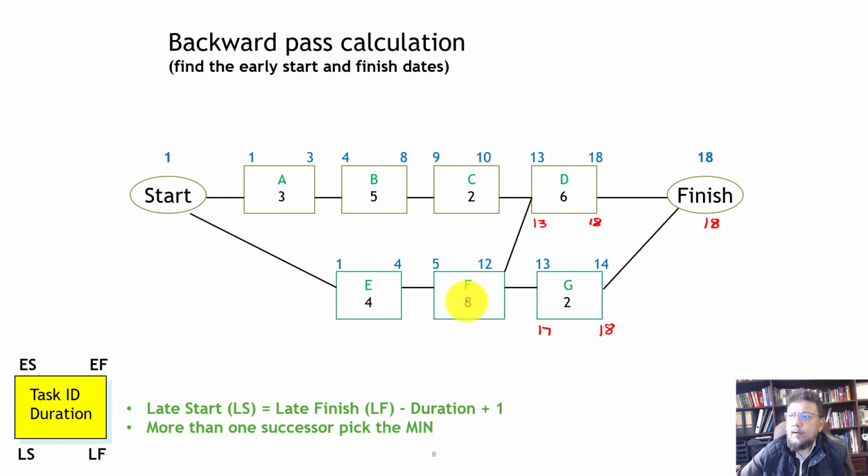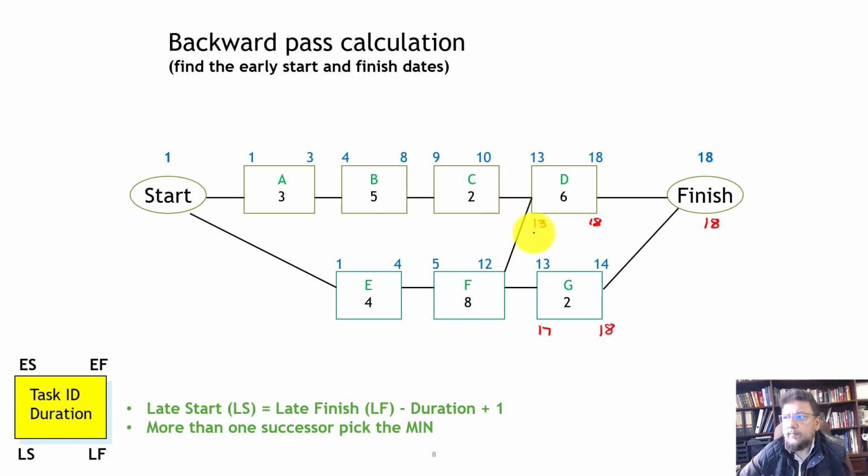Okay, now I have two activities that are connected to F. So I have to decide what the late finish here should be. And the late finish here should be the minimum. So you see that formula over here? So when you have more than one, you pick the minimum. So the minimum out of these is 13.